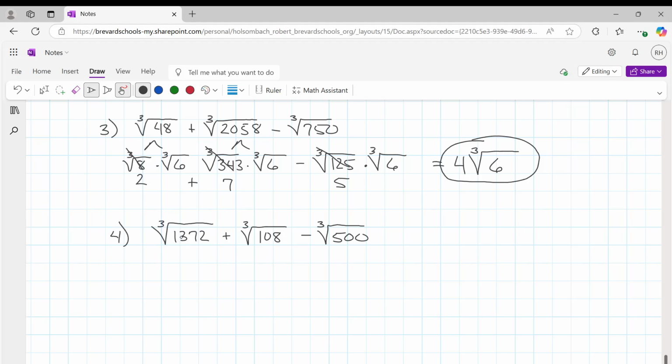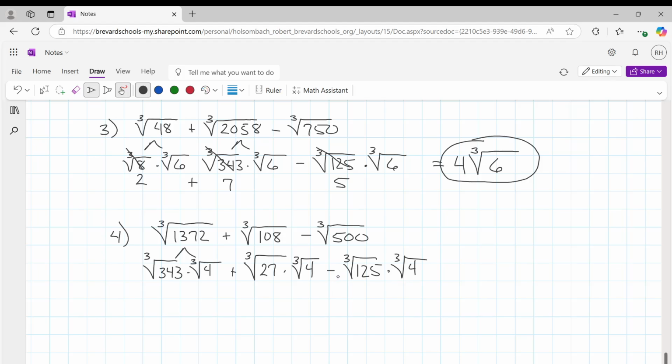All right, so the third root of 1372 simplifies to the third root of 343 times the third root of 4. The third root of 108 is equal to the third root of 27 times the third root of 4. And the third root of 500 is equal to the third root of 125 times the third root of 4.